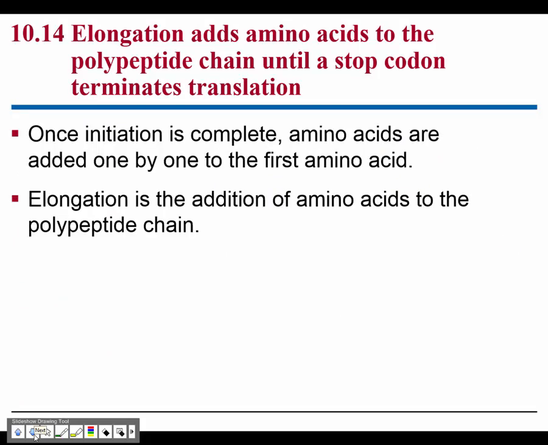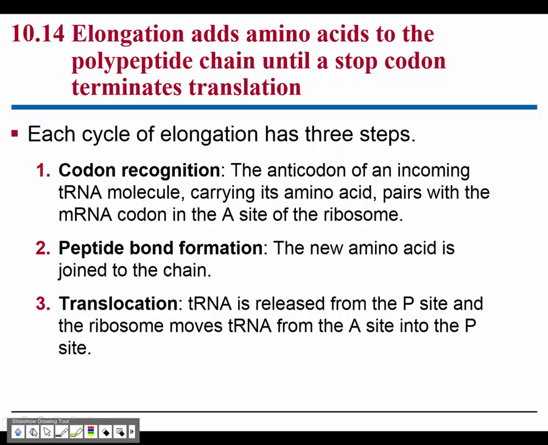So once the initiation is complete, amino acids are added one by one to make the first amino acid. And that's elongation, when we start adding more and more amino acids.